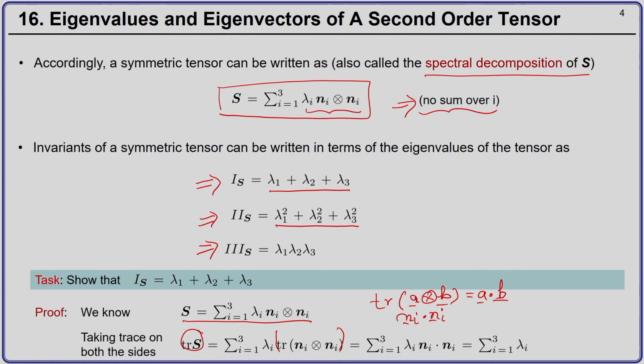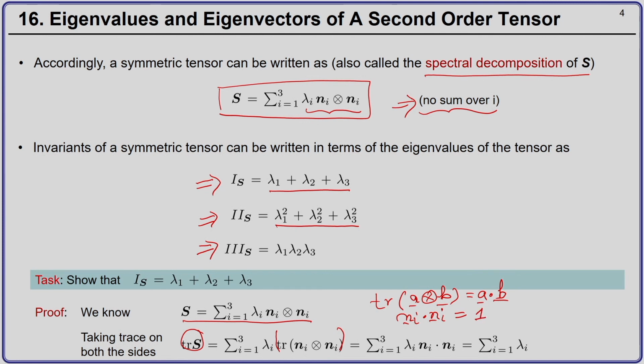And we know from the property of eigenvectors of a symmetric tensor that the eigenvectors of a symmetric tensor are orthogonal and they are also orthonormal. So, Ni dot Ni will be equal to 1.